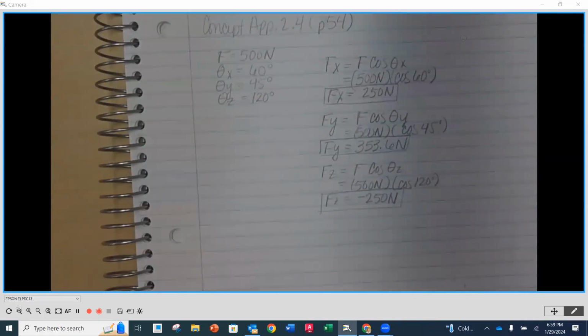All right, did you get negative 250 newtons? Okay, so that's finding the components, knowing the corresponding angles with the force itself.